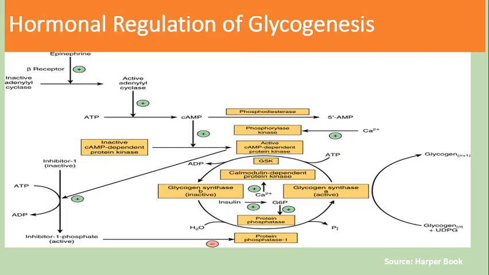We have to know in which form the enzyme is active. In the case of glycogen synthase, the dephosphorylated form is called the active form. You have to remember that. The dephosphorylated form of glycogen synthase is the active form, whereas the phosphorylated form of glycogen synthase is the inactive form.